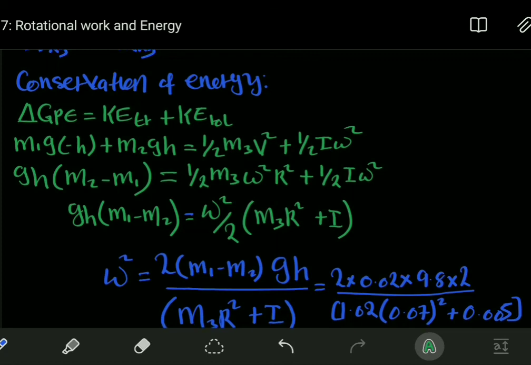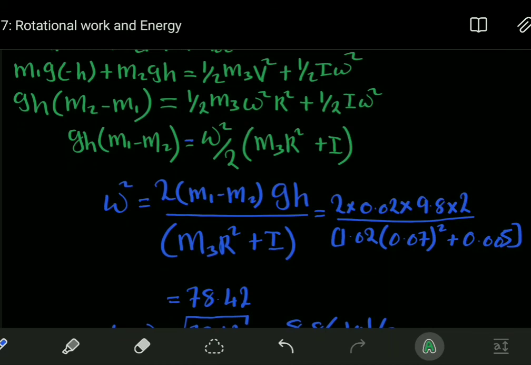So from here we can find omega squared as 2 multiplied by (m1 minus m2) times gh over (m3 r squared plus I). We know what m3 is, the mass of both objects. We know what I is, the moment of inertia of that wheel.